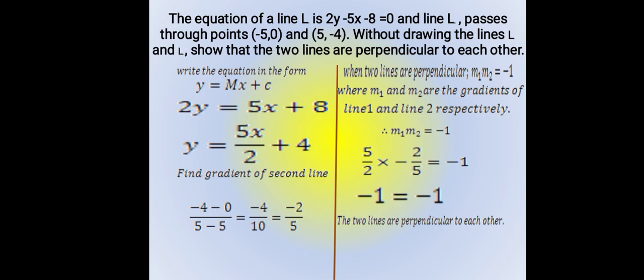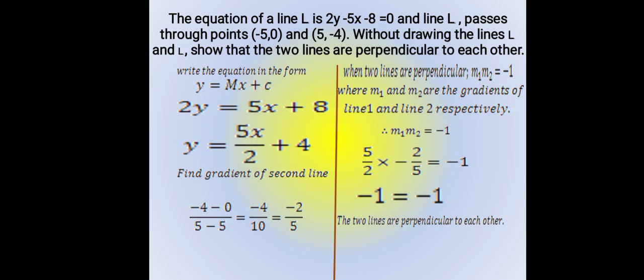So, the gradient of that line is 5 over 2. Now, what about the gradient of the second line? We have the points, so we subtract the points to show the change in y over the change in x.